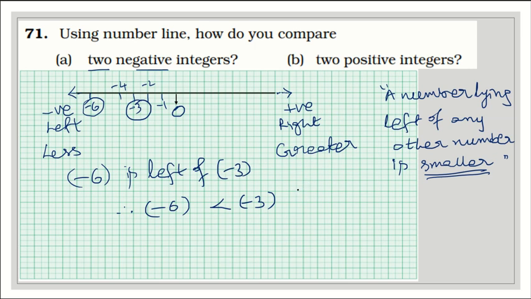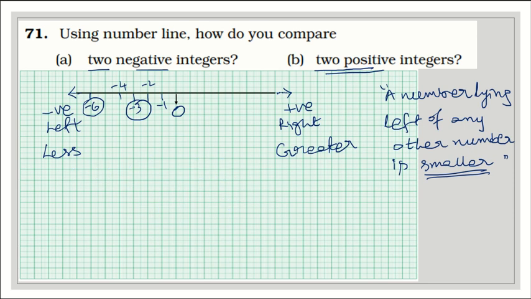Okay, students. Now we will go for comparing two positive integers. To compare two positive integers, we will take another number line and in the same way mark 0 on it.